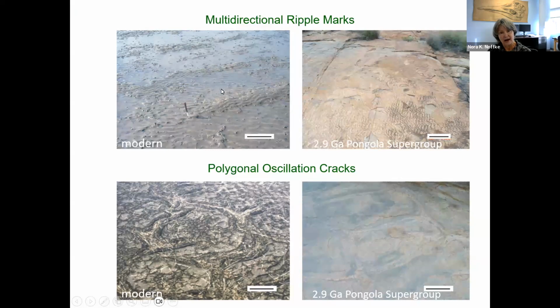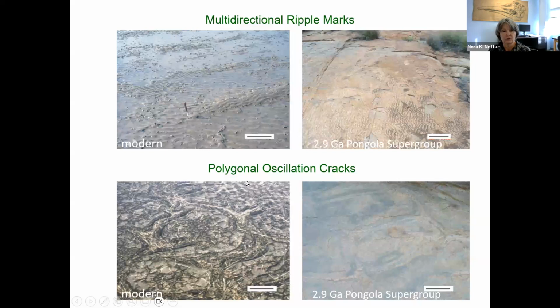In between those areas, you can see ripple marks that run from left to right, so they have a different orientation. Such ripple mark patterns arise from the interaction of microbial mat growth in the course of a year and the disruption by episodic storm events. On the right, we see a similar ripple mark pattern in the fossil record. That's from the 2.9 billion year old Pongola Supergroup in South Africa.